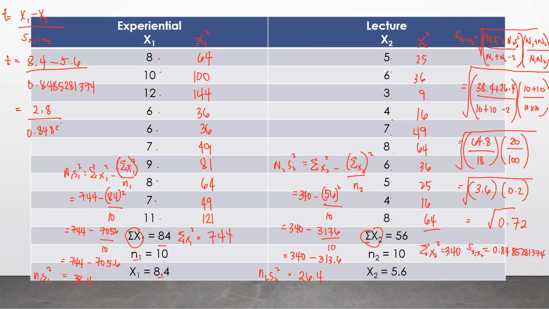Pero nakaulit ning asking a number. 0.8485281374. Therefore, our t-score, we call that t-score, 2.8 divided by 0.8485281374. Let's round it off to 2 decimal places. Our answer here is 3.30. Okay. That's t-score is equal to 3.30.